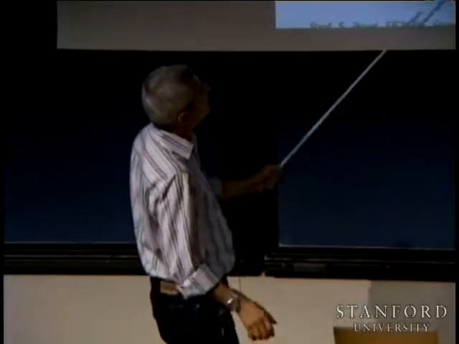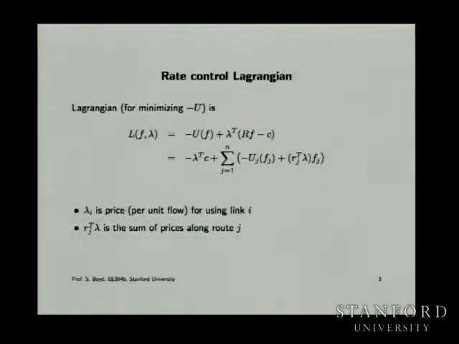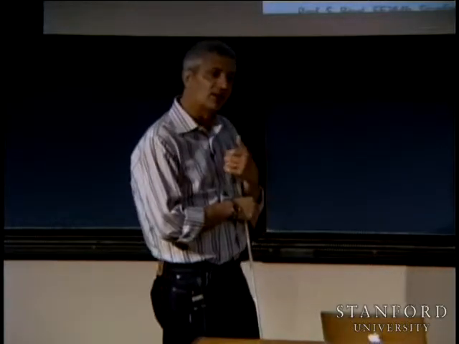And then you can even interpret this beautifully. This right here is actually the total rate, because if you go over a link that costs you, say, $1 per megabit per second of flow rate, and you flow over another one that's $2, another one that's 50 cents, then altogether that's $3.50 per megabit per second.